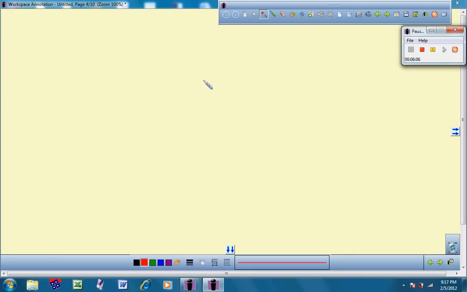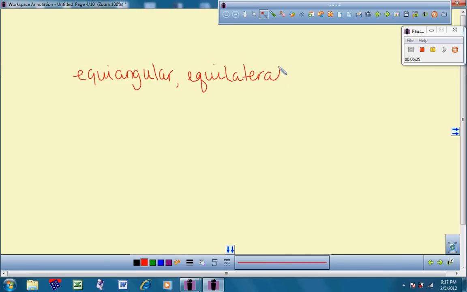Alright, let's talk about equiangular, equilateral, and regular polygons.